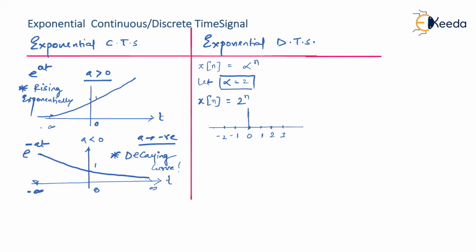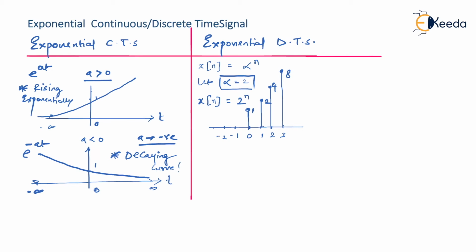So here what I'm getting is 1. Then at n equal to 1, it will become 2 to the power 1, which is 2. So higher than 1, I'll be getting 2 here. At n equal to 2, I'll be getting 2 to the power 2, which is 4. At n equal to 3, I'll be getting 8, like that. Then I'll get 16, and so on.